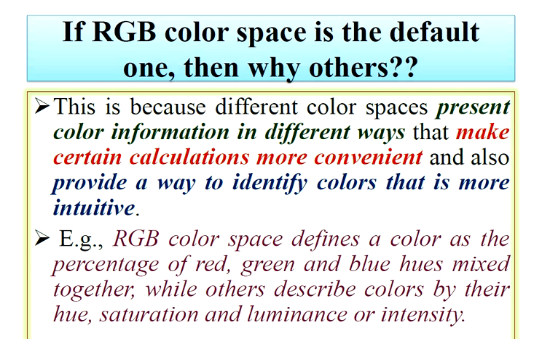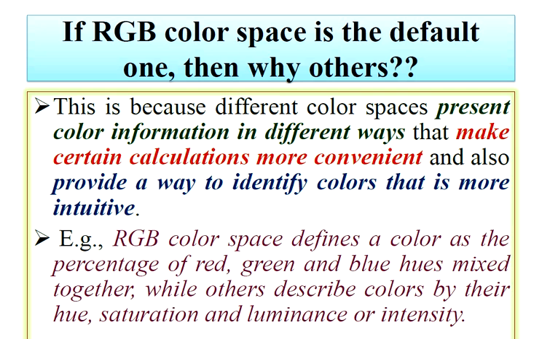For example, RGB color space defines a color as the percentage of red, green, and blue hues mixed together. Okay, you all know about that. But others describe colors by their hue, saturation, and luminance or intensity.